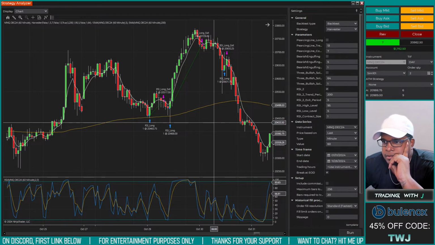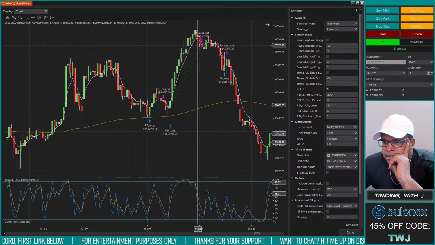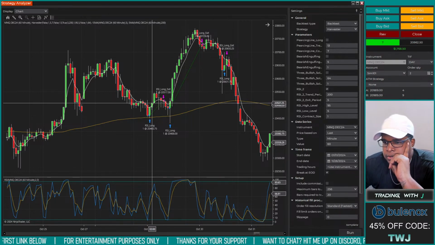We still have an issue because we didn't exit this long here, we didn't exit that long here.